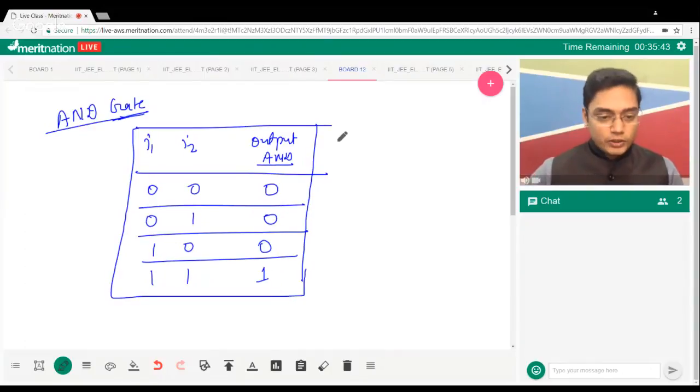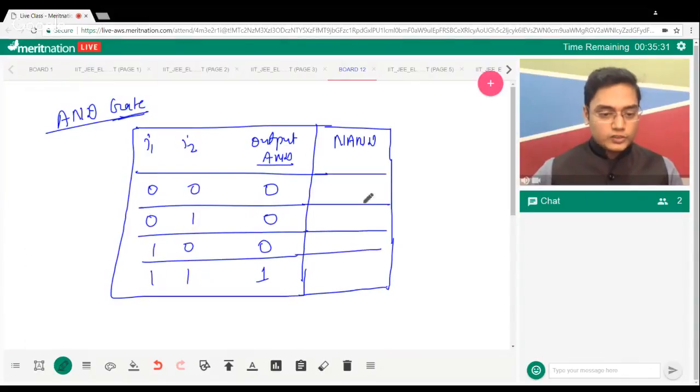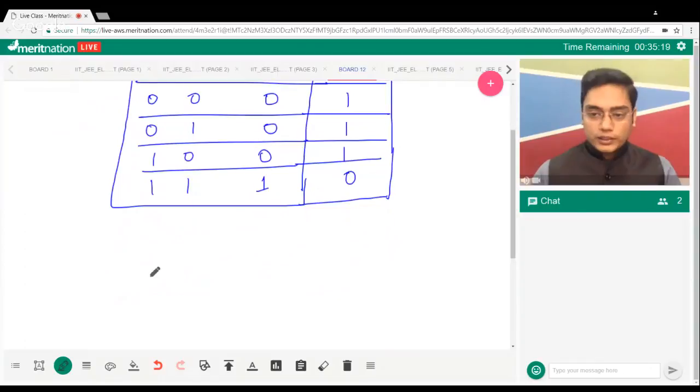So what about the output of NAND gate? This will be 1 1 1 and 0. So this is all about NOR gate, 1 1 1 0.